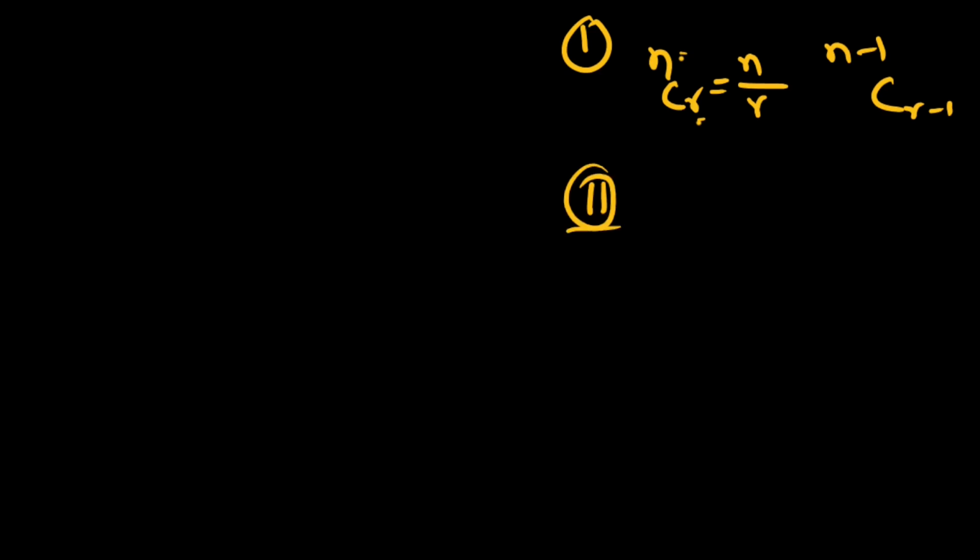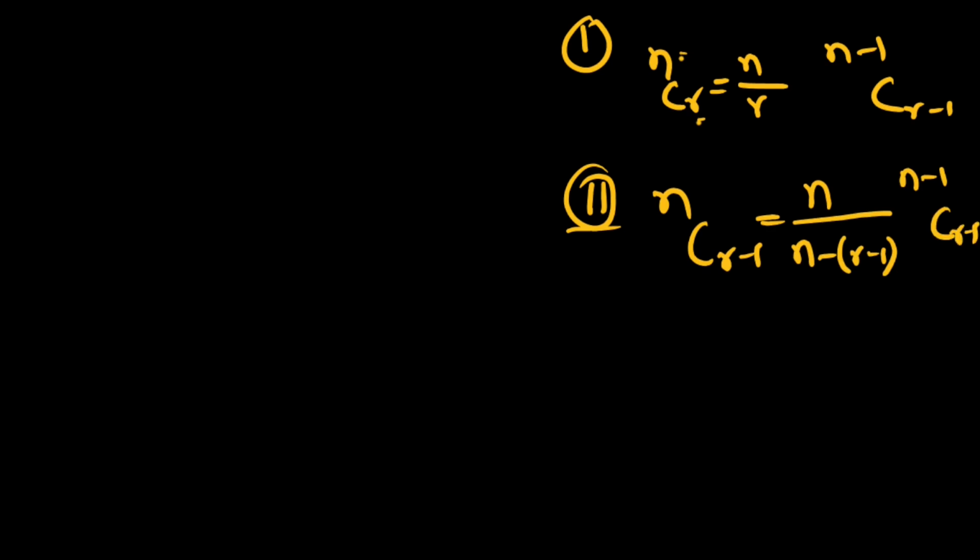And the second identity is nC(R minus 1) equals n over (n minus R plus 1) times (n minus 1)C(R minus 1). In this case only n is decreased by 1 and R minus 1 remains the same.